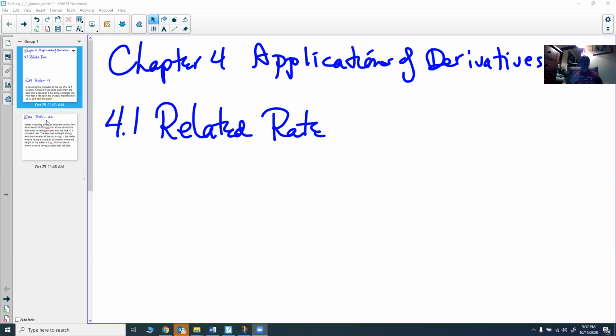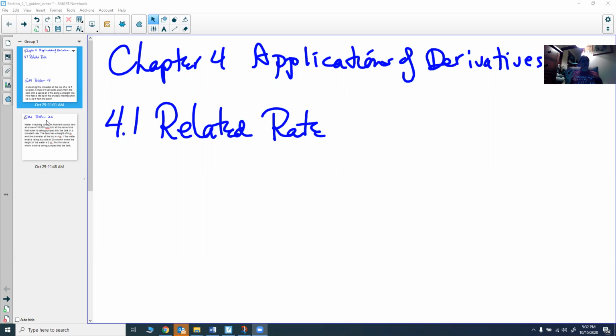An example is, let's say you have an oil leak from a ship out at sea. Usually the oil is going to leak in kind of a circular shape. And we know how fast it's leaking from the ship, so we know the rate at which it's leaving the ship.